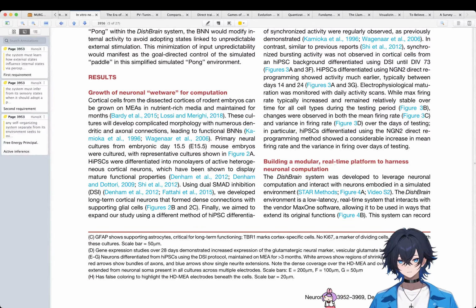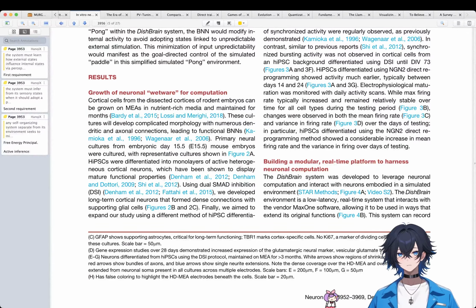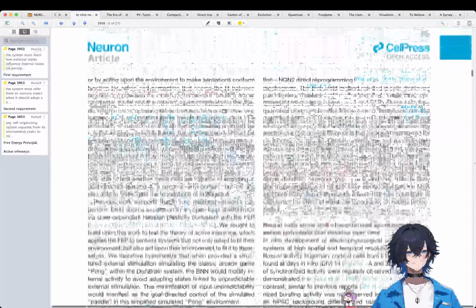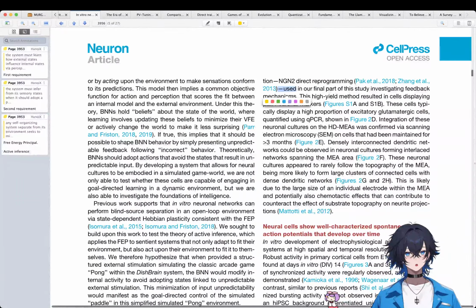Oh, these rat neurons could be maintained for months. Interesting. And they can even differentiate. Direct reprogramming, okay.